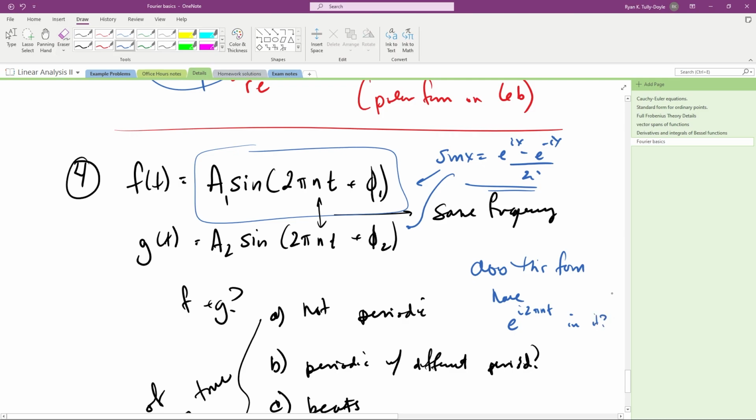Because if that's all that it has inside, then the frequency is the same. But if it does not have e to the i 2 pi n t inside of it, then the frequencies have changed, and I want to know how they change. So my hint on number 4 is convert the functions into generic sinusoids, write them down in terms of their complex exponential representations, and then just do algebra to try to add them together.